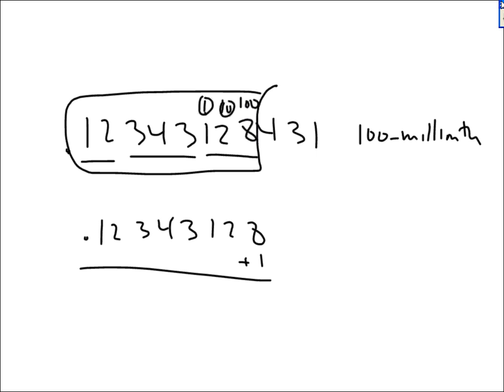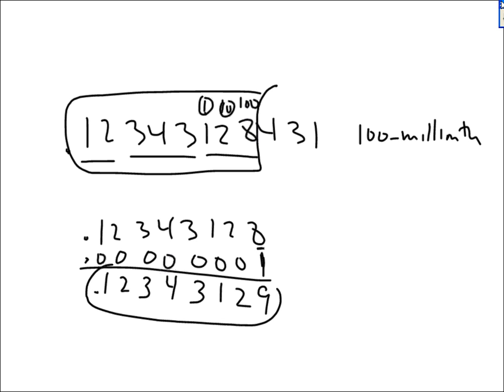For the record, what you're really adding is 0.00000001. You're adding 1 to that position, and you're not affecting the other ones. Either this will be the answer, or this will be the answer.